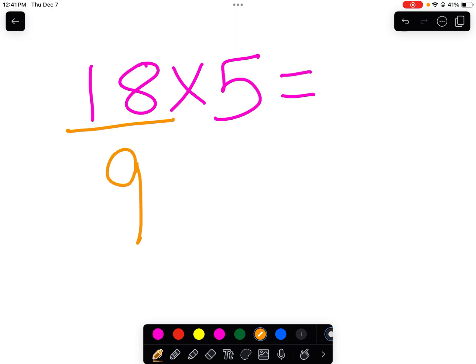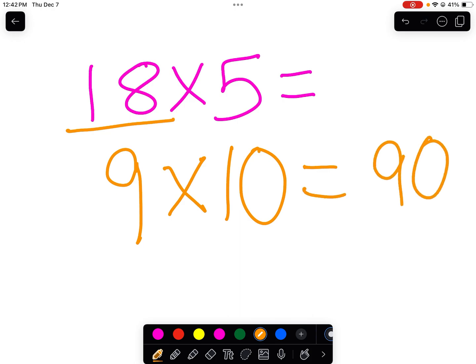That's 9. And then you multiply it by 10, and the answer is 90. For me, that's actually a faster way of getting the answer. Again, you take the number that is being multiplied by 5, you divide it by 2, and then you multiply it by 10. And that'll give you the same answer.